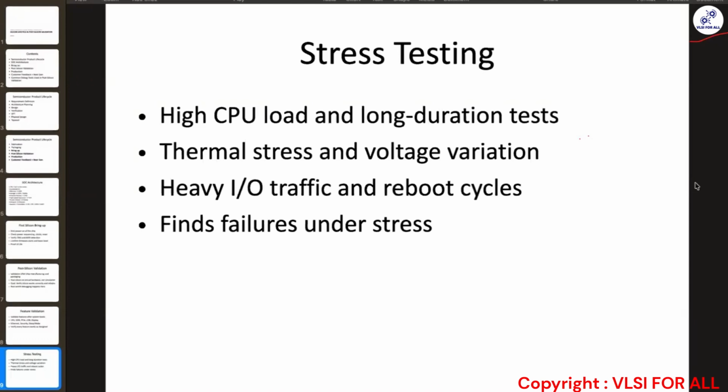It will run for days on multiple systems, maybe in racks, and they will figure out if you have any failures. Sometimes you connect external devices also. That's what you call input output traffic. So when you connect certain devices to the system, you see how it is behaving at that time.